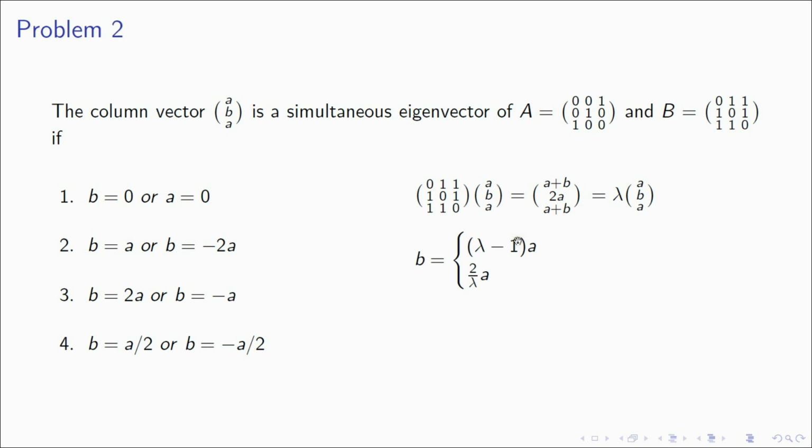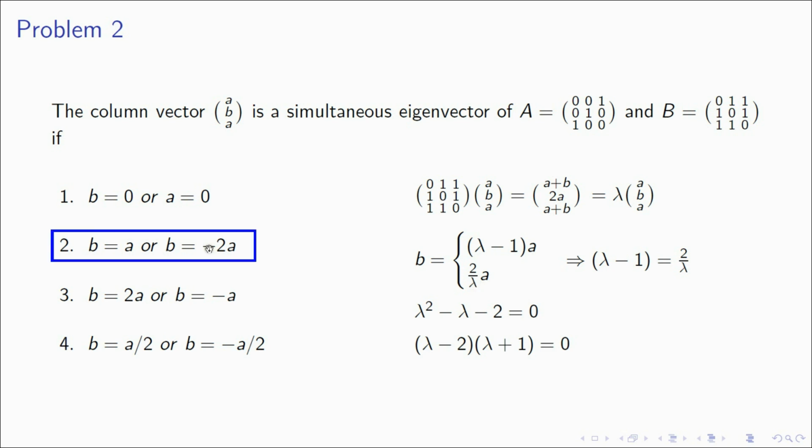You get A plus B equal to lambda A, that will give B equal to lambda minus 1 times A, and from the second one you get twice A equal to lambda B, so B equal to 2 by lambda times A. These two have to be the same, so lambda minus 1 equal to 2 over lambda. From there you get the quadratic, and if you factorize it, you get lambda equal to 2 or lambda equal to minus 1. If you put lambda equal to 2 you get B equal to A, and if you put lambda equal to minus 1 you get B equal to minus 2A. So this one is the correct option.